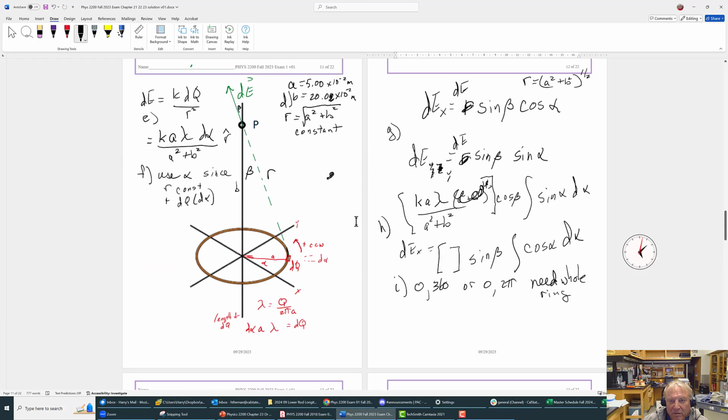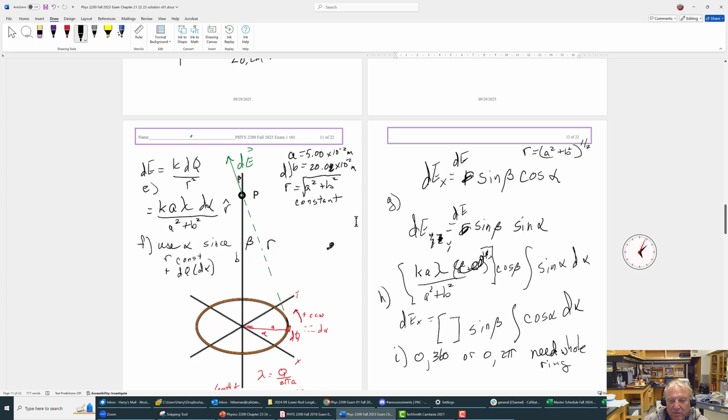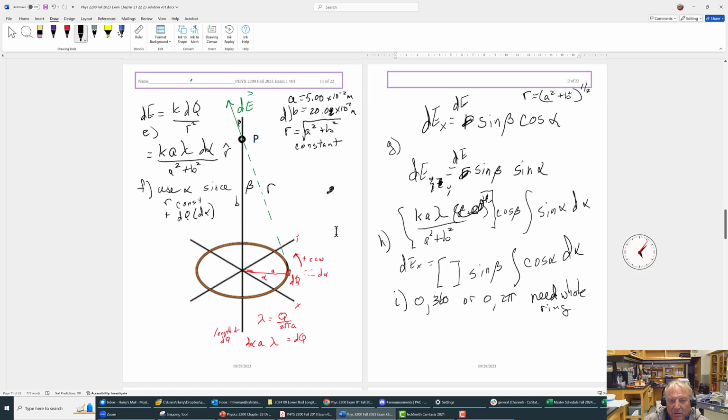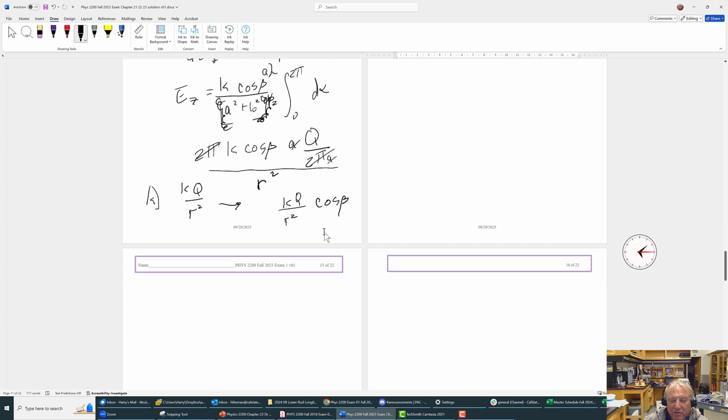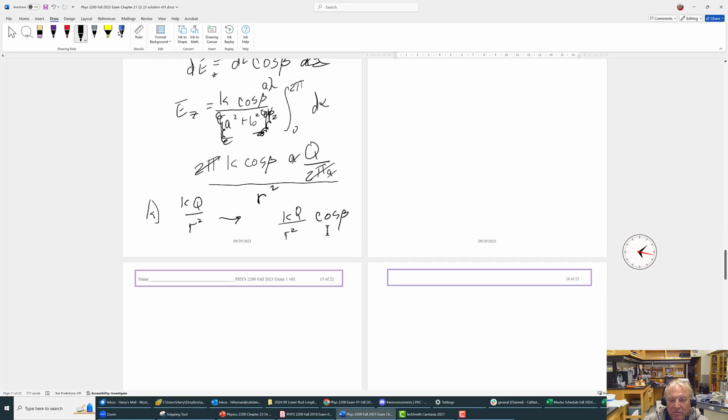And beta is going to be a small angle, in this case, it looks like it's less than 30 degrees. Cosine of 30 degrees is 0.8660. So let's say beta is less than 30 degrees.